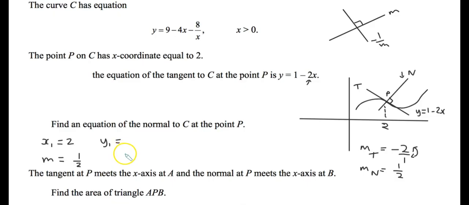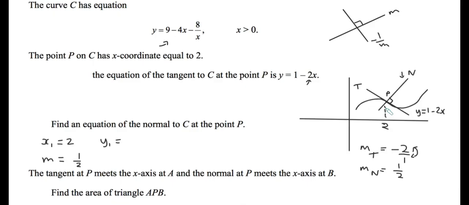That shouldn't be too hard, because we have actually two things we can do here. So we can, for example, sub in 2 into this equation, because we know that P lies on the curve.